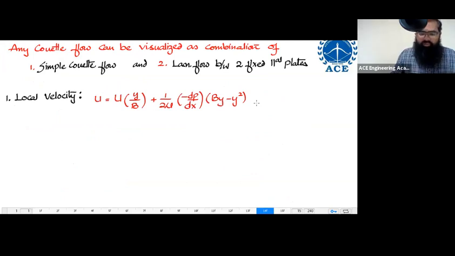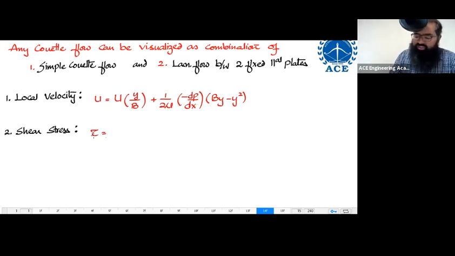Now, the second formula, let us see. This formula is for shear stress. The formula for shear stress here will be the shear stress in simple Couette flow plus the shear stress in laminar flow between two fixed parallel flat plates.